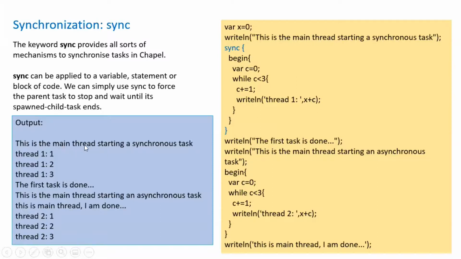So in the output, this thread always comes first, and then when the first is done it moves on to the next one. But in this case, because we don't have synchronization here, this comes first and this comes last. If we don't use it, you may find the different threads run at different speeds, and then the output may cause trouble at some point.